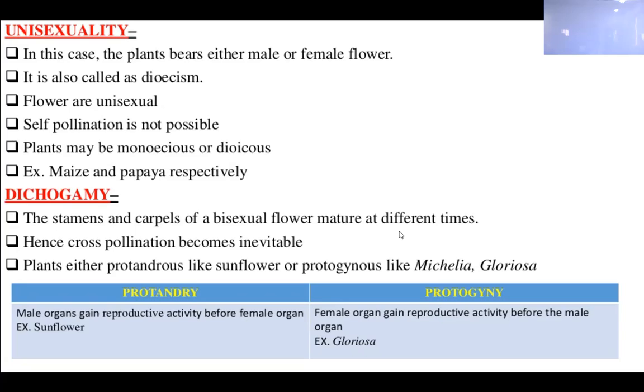Stamens are the male androecium, and carpels are the female gynoecium. So stamen is male, carpel is female, of a bisexual flower, and they mature at different times, hence cross-pollination becomes inevitable. Okay, please keep this in your mind. Plants are either protandrous like sunflower or protogynous like Gloriosa and Mirabilis.